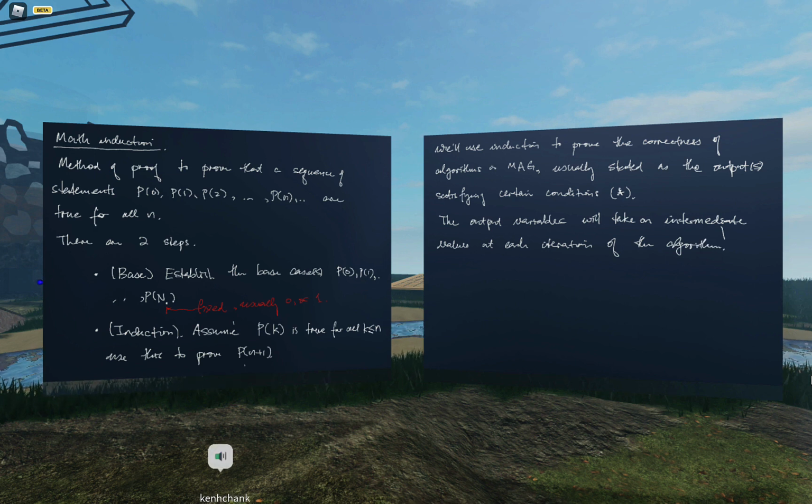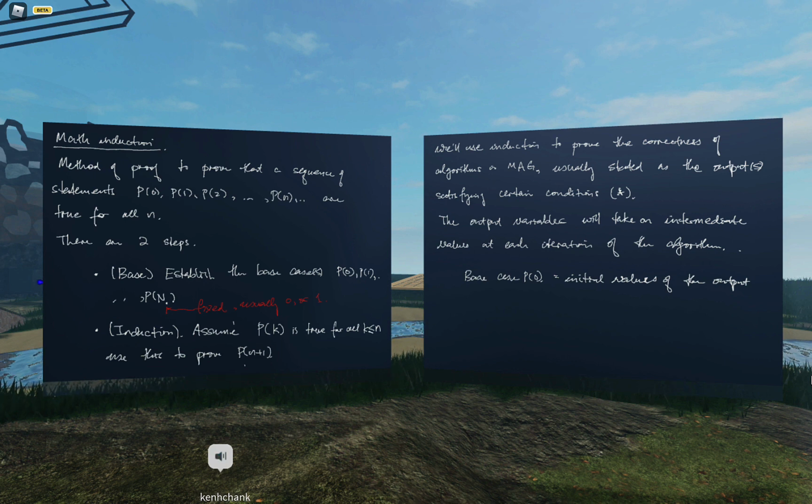And so here, just very roughly, without being specific about this, the base case P0 will be that the initial values of the output variables satisfy condition star. So these are variables that are going to be outputted, you initialize them to be some numbers at the beginning, and they gradually change to be closer and closer to the output.